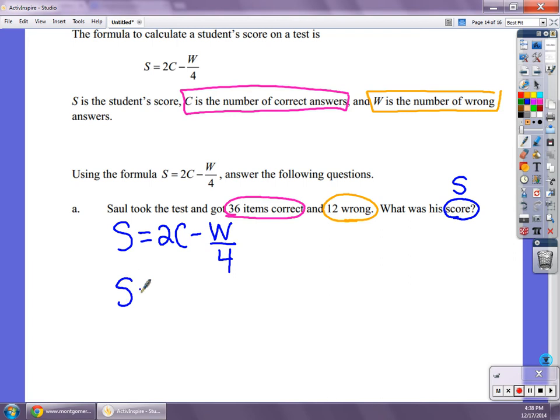Let's write that out. S is going to equal 2 times the number of correct answers, in this case 36, minus W, the number of wrong answers, in this case 12, divided by 4.